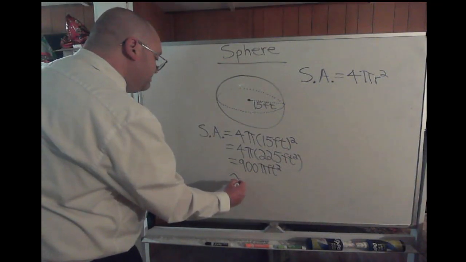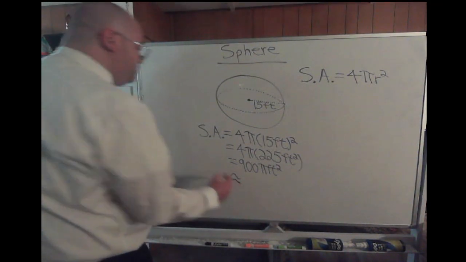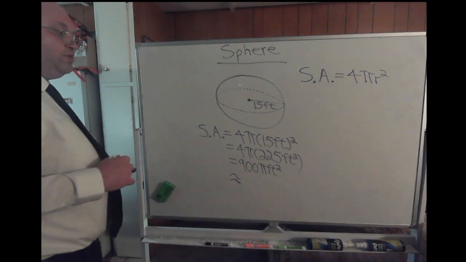Now let's go ahead and round the result to about 2 decimal places. We'll have our surface area.